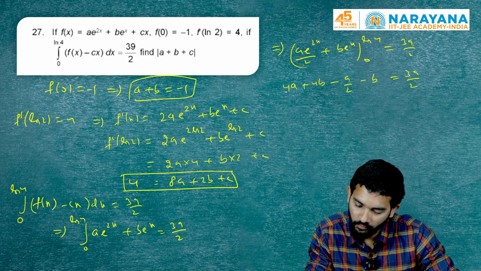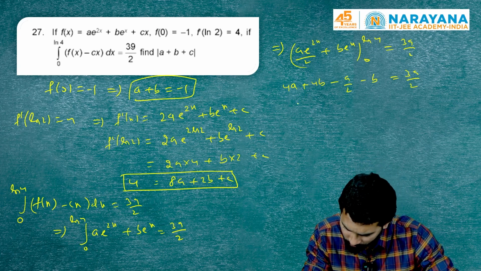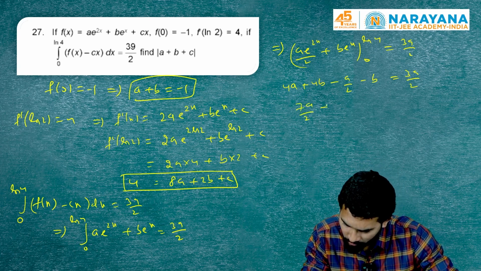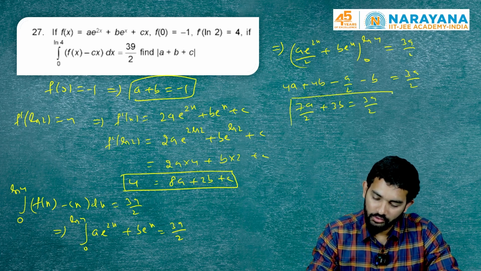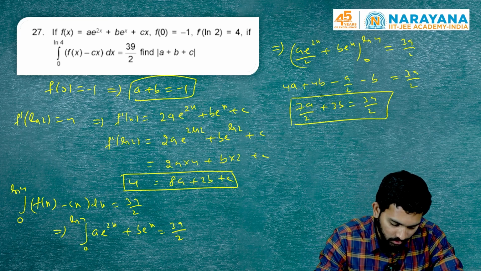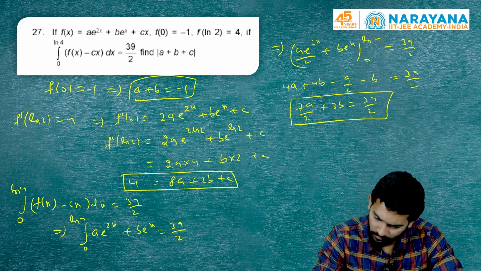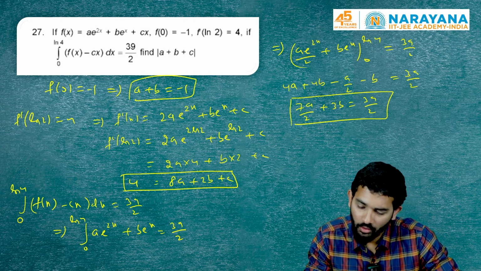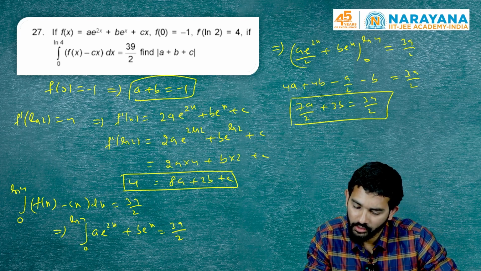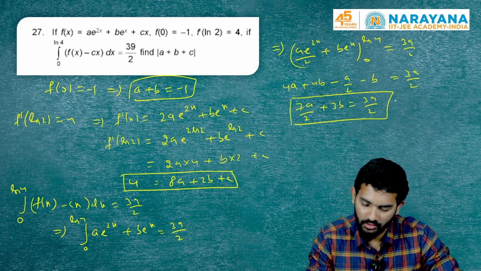So this will be 4 to 8 minus 7a by 2 plus 3b equal to 39 by 2. So 3 equations, 3 unknowns. You can easily solve these things, right? So when I am substituting ln 4, ln 8, 4a, yes, everything is fine.